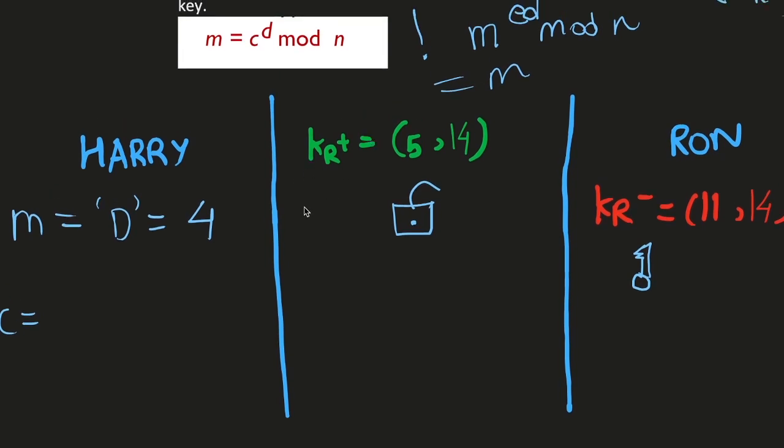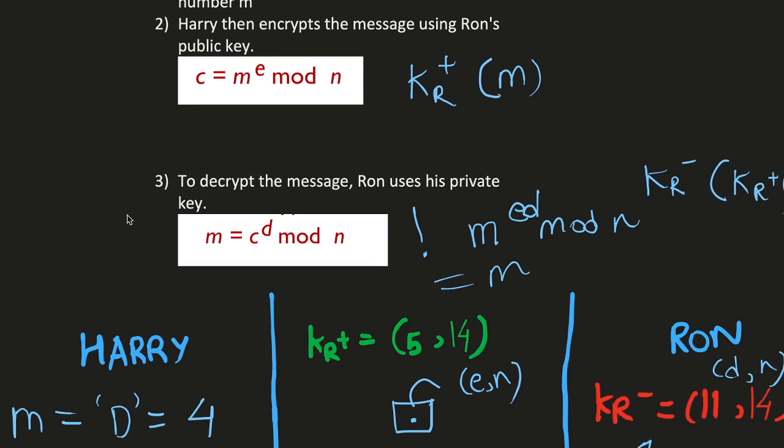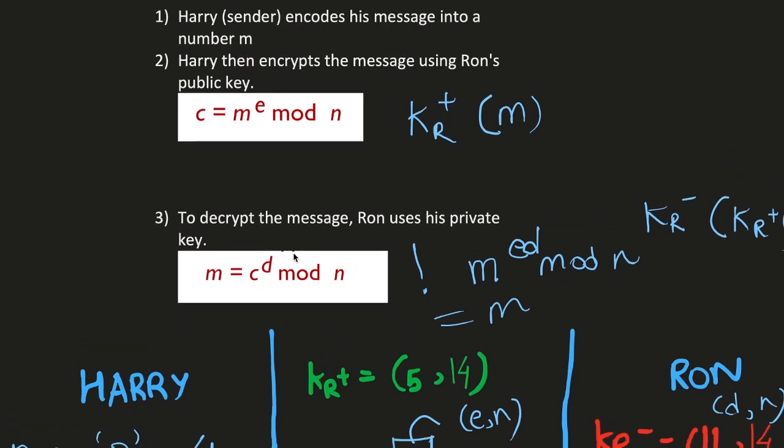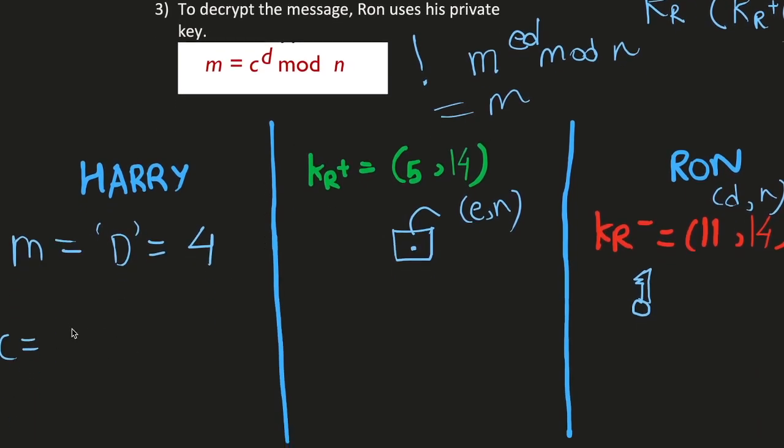This is E comma N, and this is D comma N. So E is 5 and D is 11. E is the public key exponent, and D is the private key exponent, which is known only to Ron. So I know Ron's public key exponent, so I can use m to the power e mod n to generate my ciphertext. So 4 to the power 5 mod n, where n is 14 here.